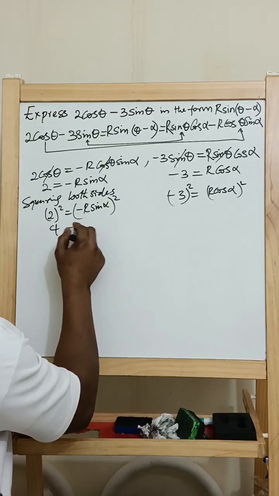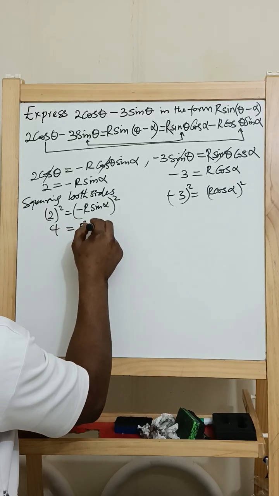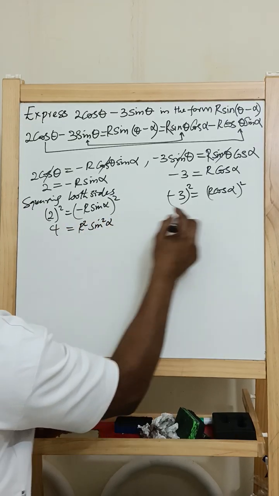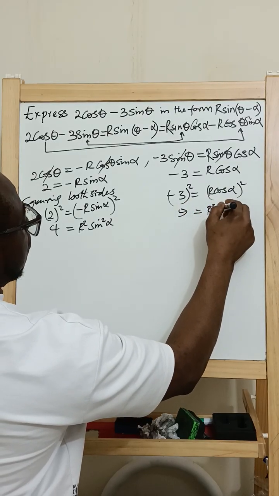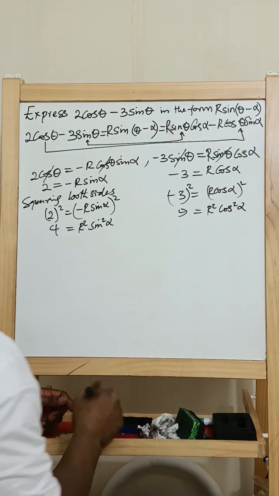So this is going to be 4 equals r squared sin squared alpha, and 9 equals r squared cos squared alpha.